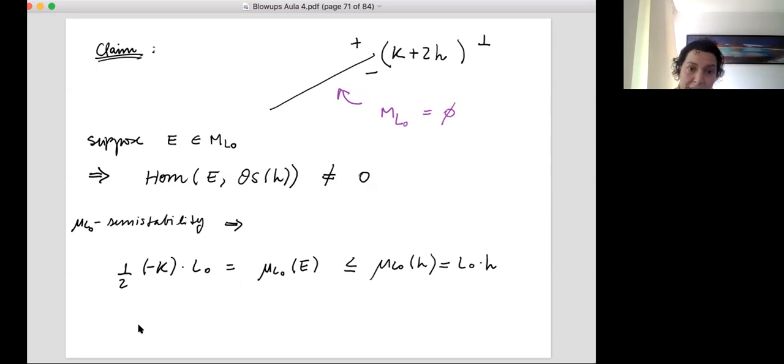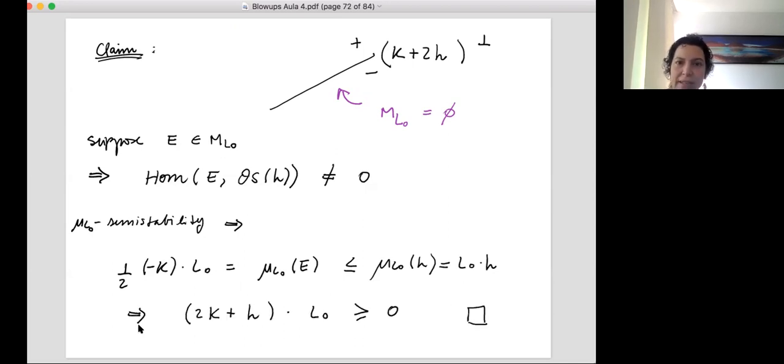This is saying that the slope is non-decreasing, and this is exactly the numerical constraint that we need. This is saying that 2K plus H intersect L0 is non-negative. So this is the sketch of the proof.